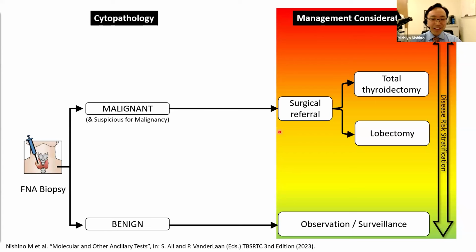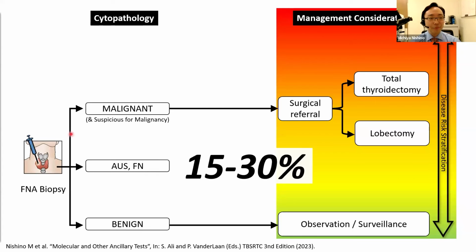Well, as you may have guessed, it's because not all thyroid FNAs are black or white, and in fact, anywhere from 15 to 30% of thyroid FNAs fall into a gray zone, where the malignant potential of a nodule remains unclear based on the cytomorphology alone.